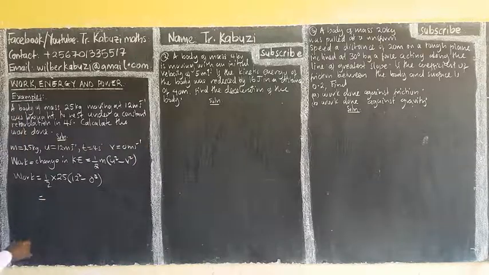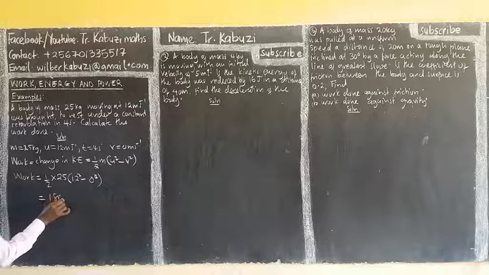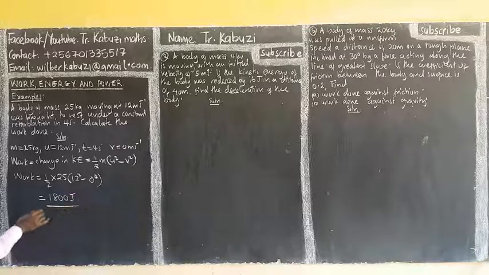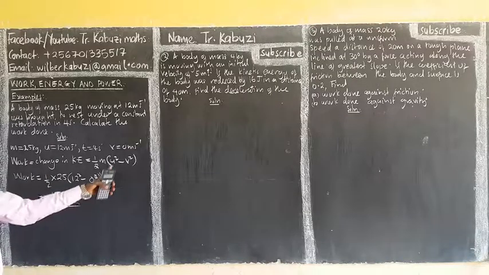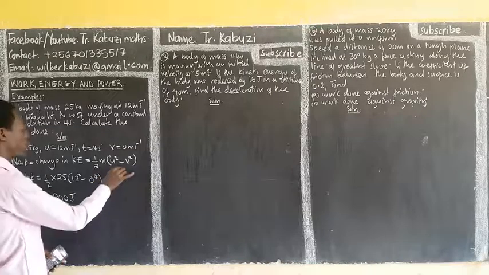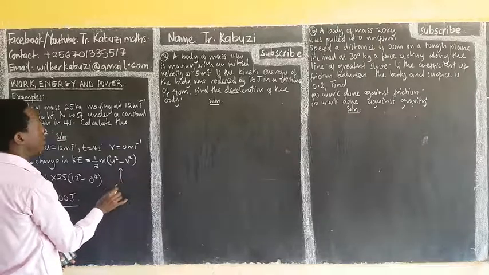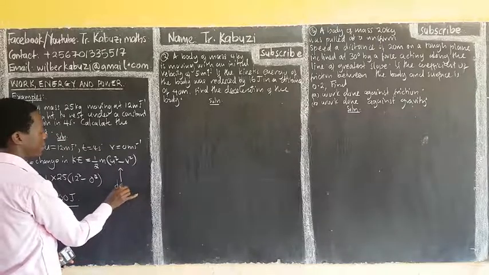So here my work done, you just put this into the calculator. So here it was 1800 joules. As simple as that, because of this deceleration.